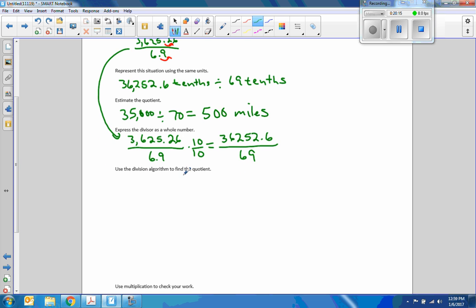Now we're going to use the division algorithm to find the quotient, so it's the same as what we've been doing. Okay, we're going to take 36,252.6 and divide it by 69. Okay, so 69 will go into 362 5 times. 9 times 5 is 45.